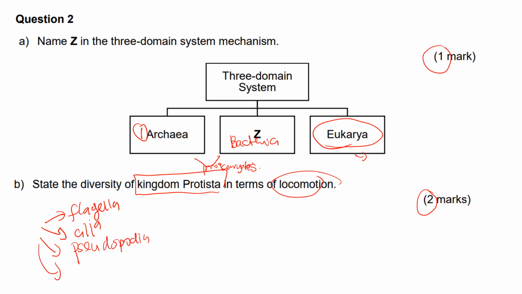Amoeba will move through its pseudopodia. A cell of the amoeba can extend, and then cilia is for example paramecium. And euglena, they have flagella.